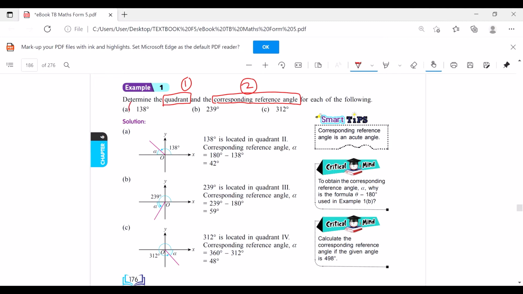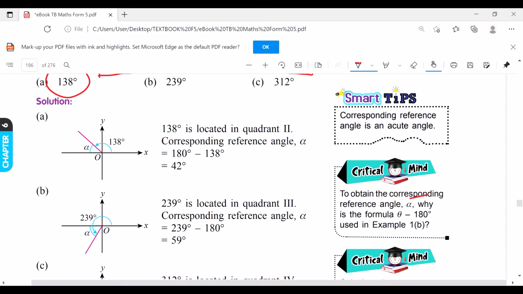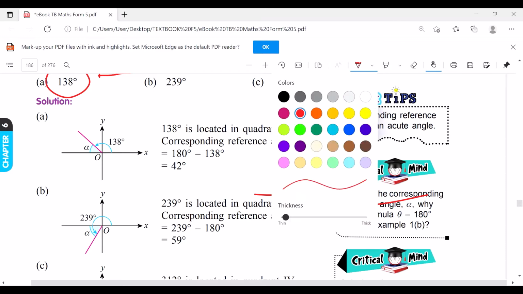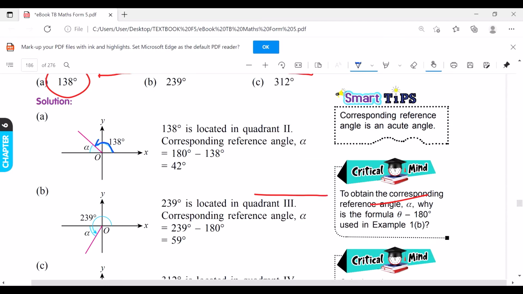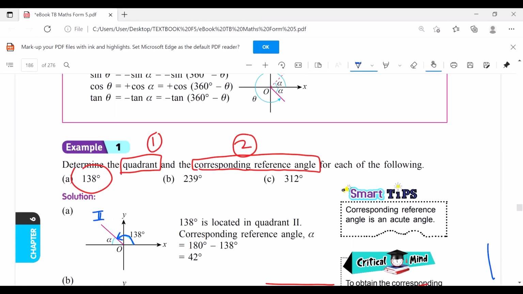So for 138 degrees, if I draw it, where is a better place? Here. This one is already drawn for you. So this is 138. It is on the second quadrant.